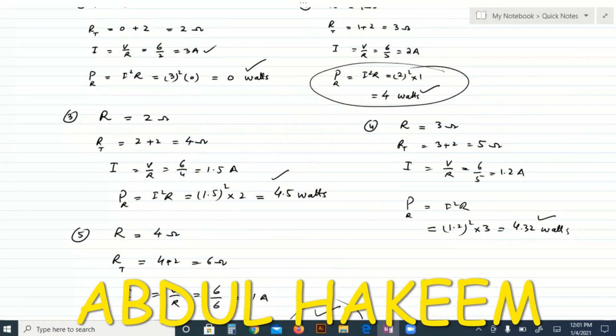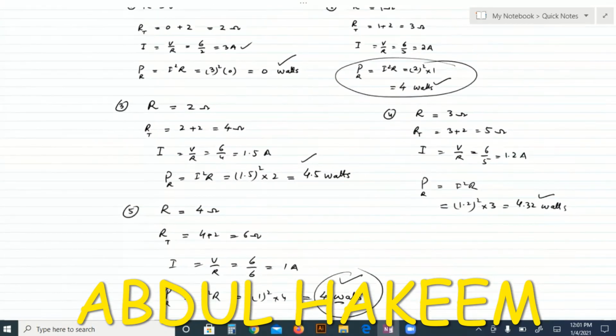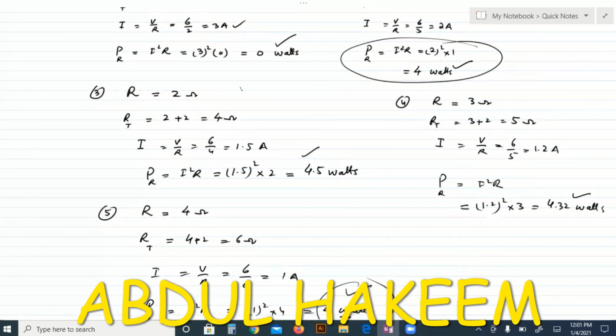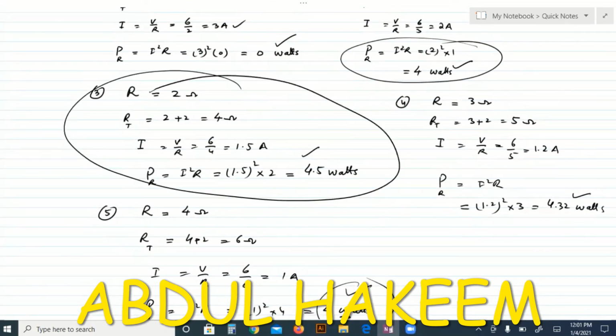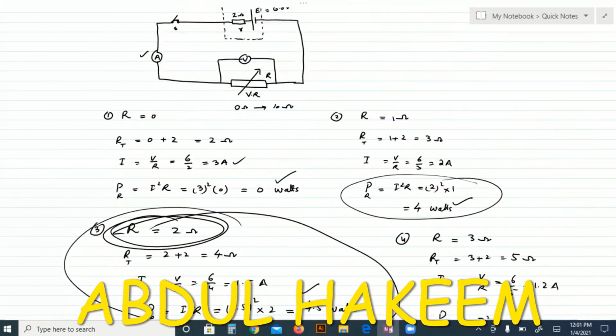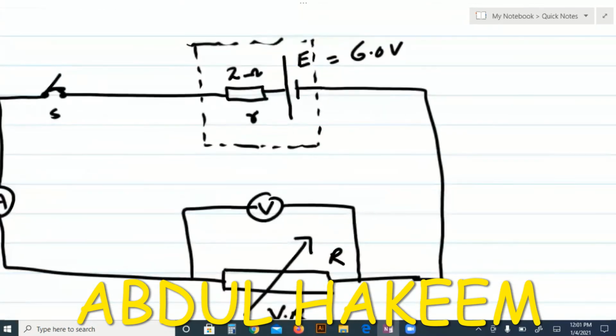So this is called the maximum power theorem. So the maximum power is this, which is 4.5. It is maximum when the external resistance is exactly equal to the internal resistance. This concept is called the maximum power theorem.